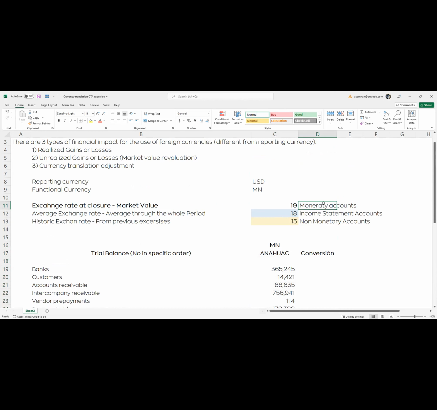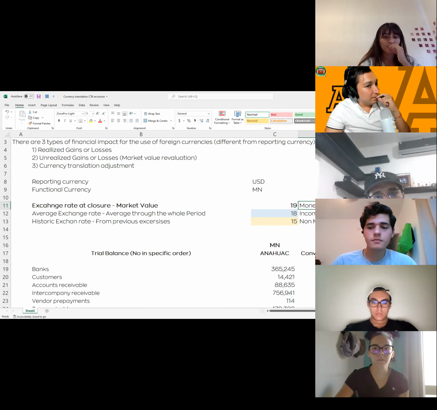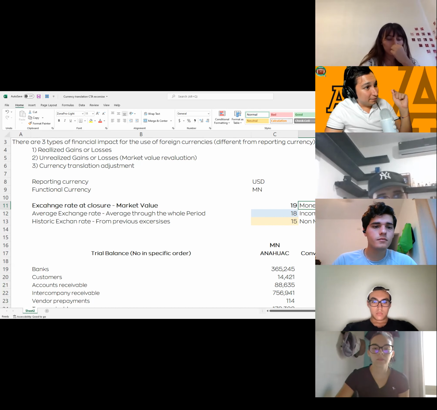What are the liquid accounts in your balance sheet? Yes, the current assets. Those are the liquid accounts, and the liabilities are the short-term liabilities.